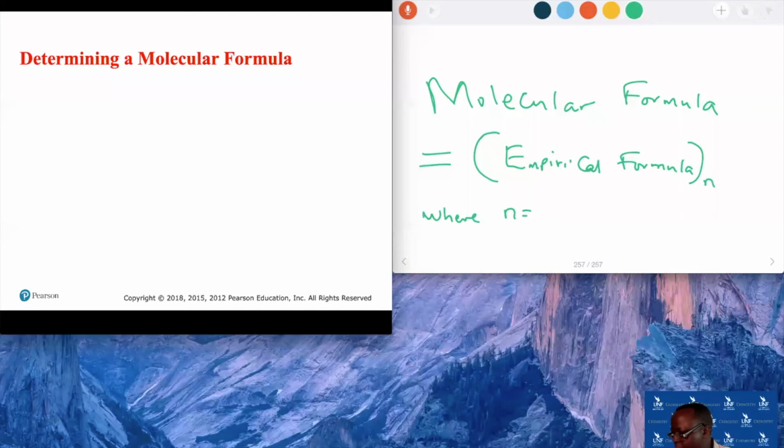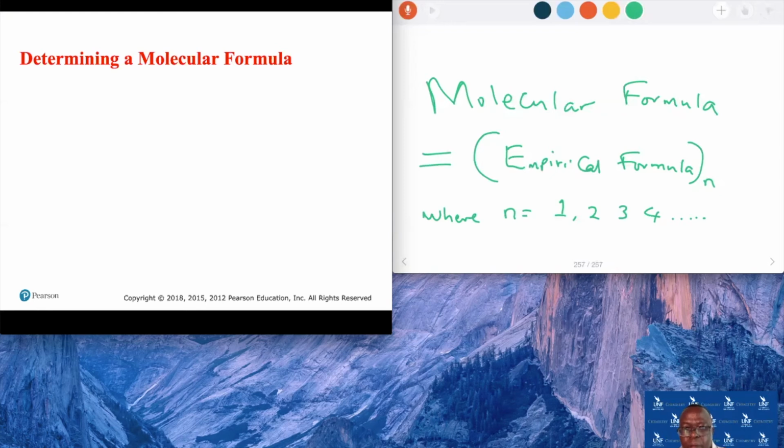It can be 1, it can be 2, it can be 3, it can be 4, it can be any number. It has to be a whole number. It cannot be a fraction, it cannot be 0 either. If you multiply by 0, it's going to be 0.